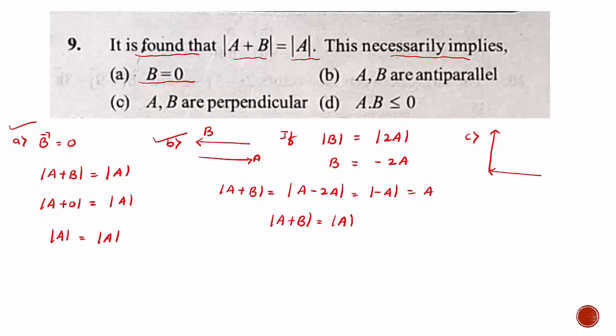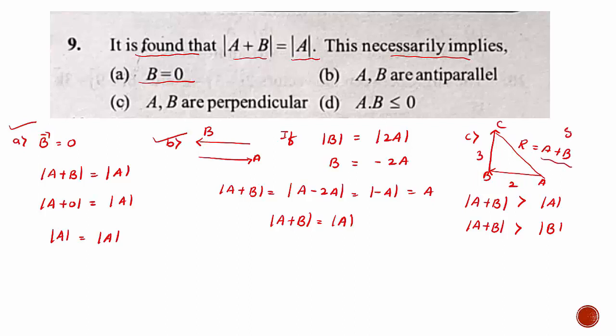The resultant vector according to the law of triangle, we can take this as the resultant vector, that is A plus B. So here mod of A plus B should be greater than mod of A. Similarly, mod of A plus B should be greater than mod of B. For example, if AB has the value 2 and BC has the value 3, what is the value of A plus B?